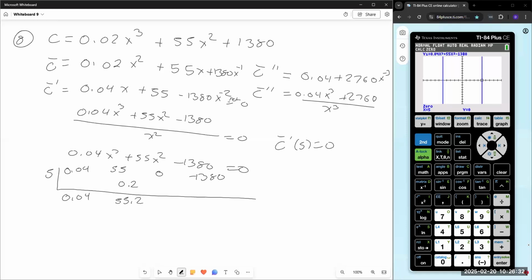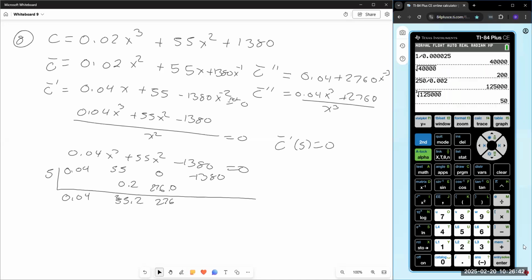And this is 0, carry the 1, 26, 27, so 276. 276 times 5 is 1380. This is 0.